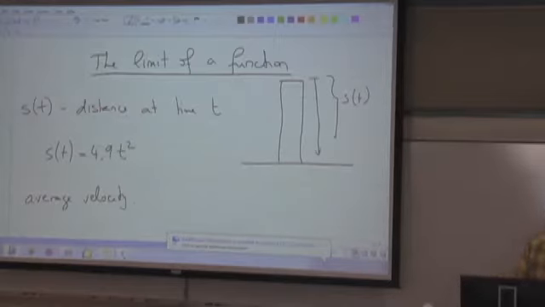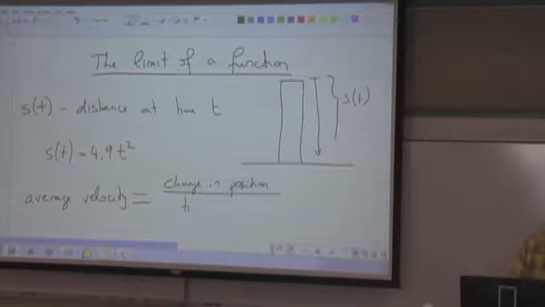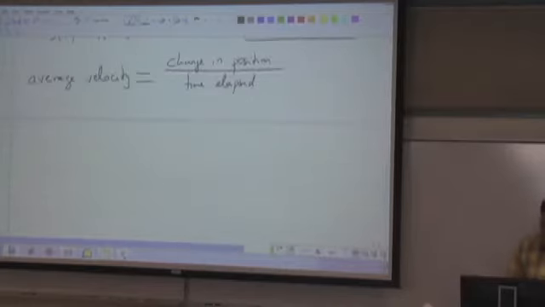So how can I come up with the average velocity? Change in distance and change in time, right? So change in position divided by time elapsed. Does that make sense?